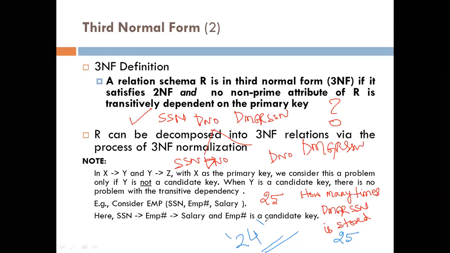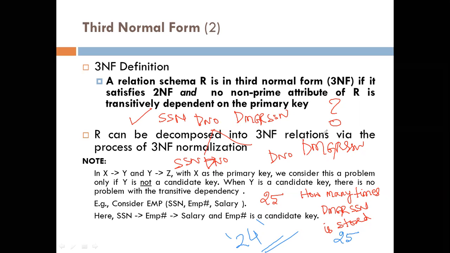So in place of that, we have to split it. Will it lead to anomalies? Yes, it will lead to an insertion anomaly. What if the department has no manager? And if you want to change the manager of a department, then we have to update it at 25 locations.